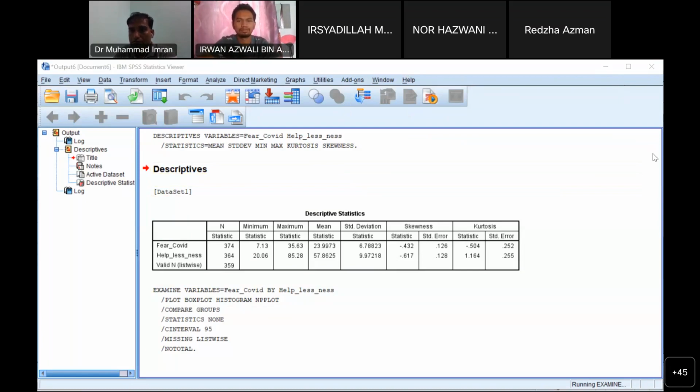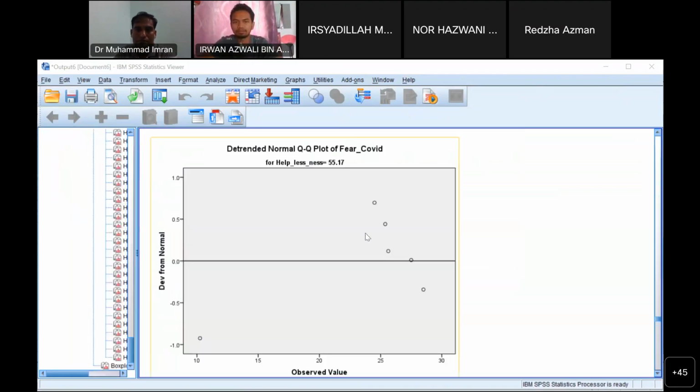Okay, good. See, because we know the data is not normal, that's why it's scattered. This is the mean, and it's far from the mean. It should be near the mean.